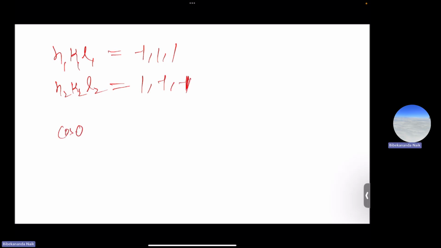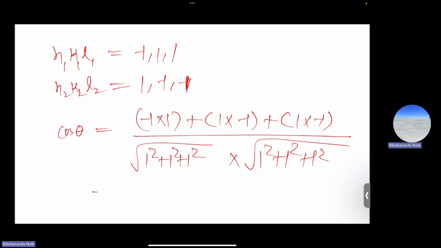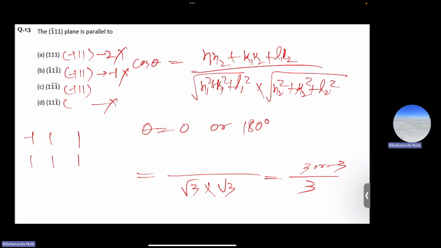Then cos theta will be -1 into 1 plus 1 into -1 plus 1 into -1, divided by 1 square plus 1 square plus 1 square into 1 square plus 1 square plus 1 square. It will be -3 by 3, which is -1. So theta will be 180 degrees. So the correct option will be option C.